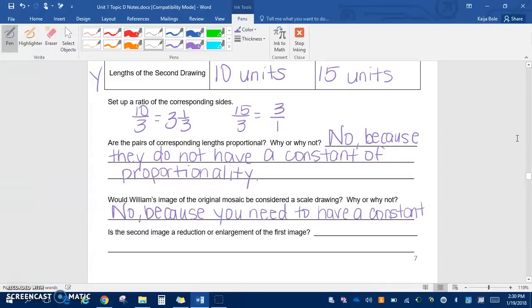And even though it's not a scale drawing, we still could say that it was an enlargement, just simply because it got bigger. Alright, so that's all we're going to do for this lesson. If you have any questions, obviously bring those to class, and then we'll do some more practice all together.